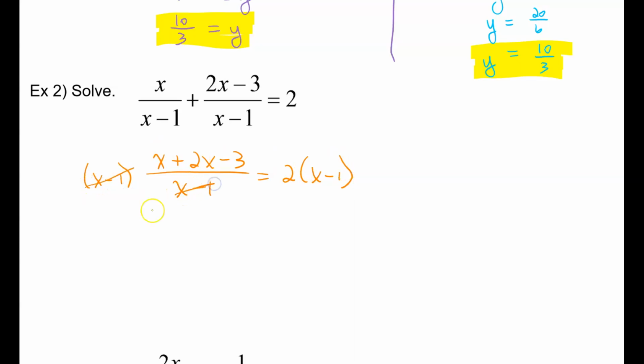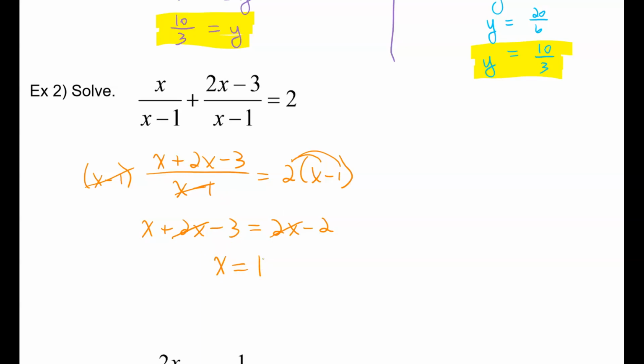That will clear out there, and I'm left with x plus 2x minus 3 equals, and then I'll have to distribute this, 2x minus 2. Now it's a matter of collecting our like terms. I see that I have 2x on both sides, so I'm going to eliminate those, add the 3 to the other side, and I'm left with x equals 1.